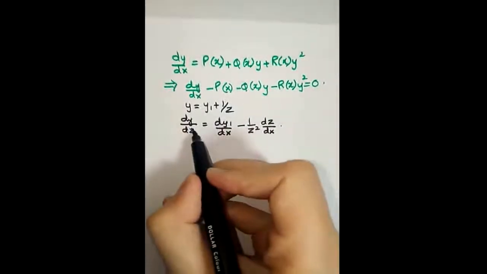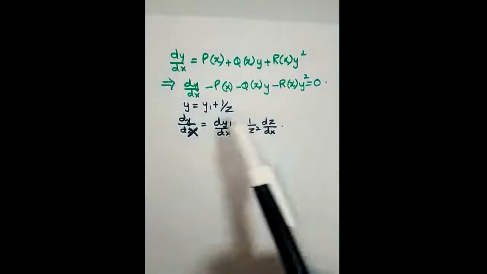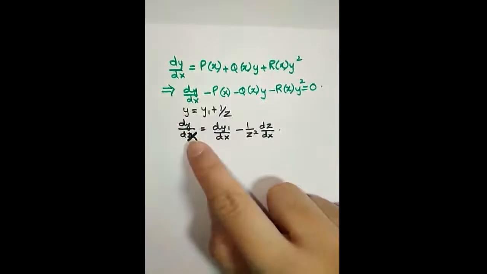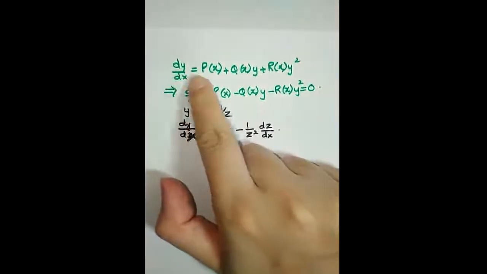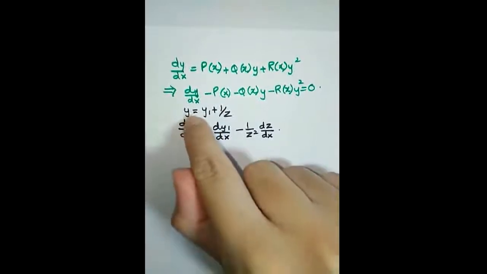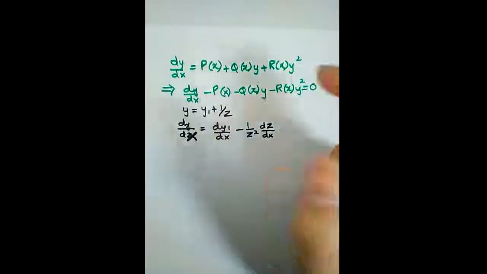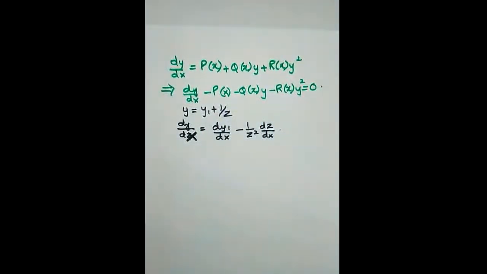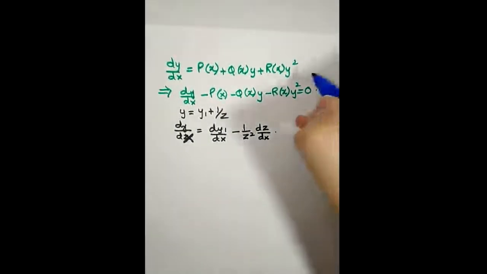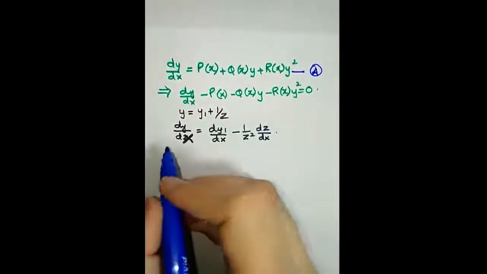So let me correct this. So dy by dx equals this whole term. So in the next step I will replace this dy by dx in the left hand side of this standard form, and this y is replaced as y1 plus 1 by z. So I am replacing this step by step, so I can say that this is equation number A.